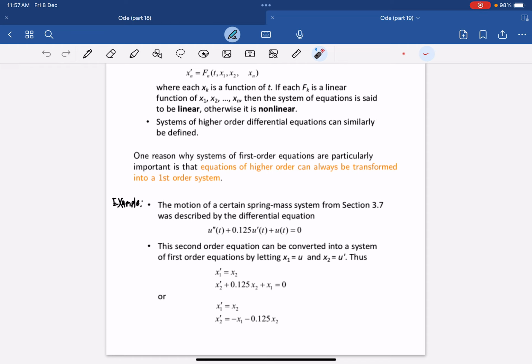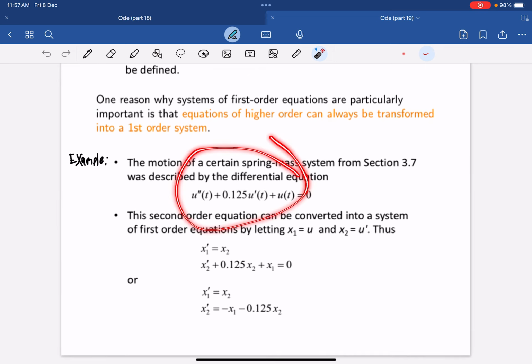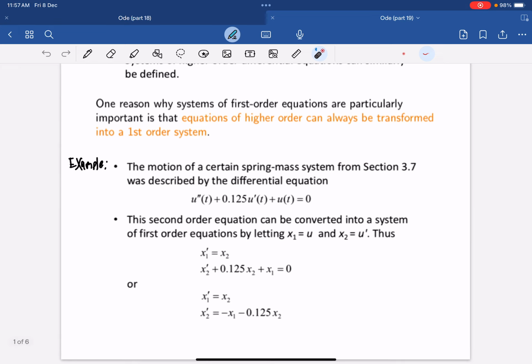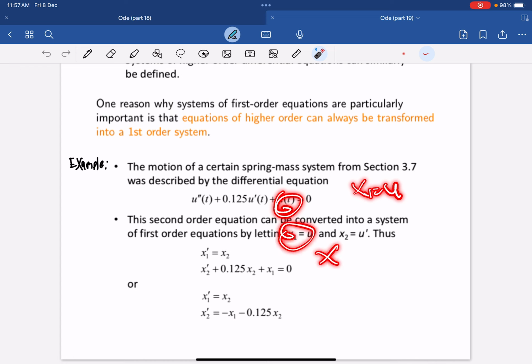What's so important about it is that equations of higher order can always be transformed to first order equations. For example, you have this second order differential equation. What you do is you let x1 equal u, and x2 equal u prime.